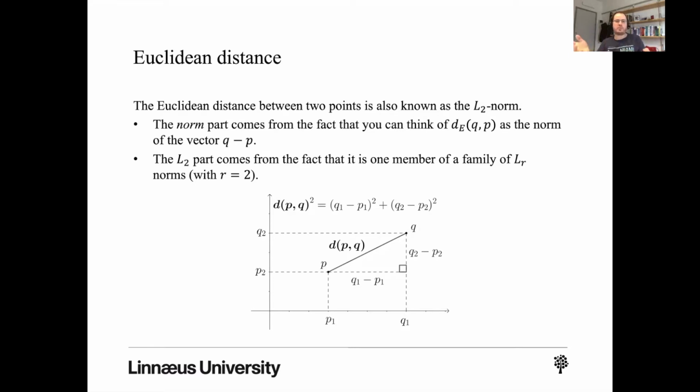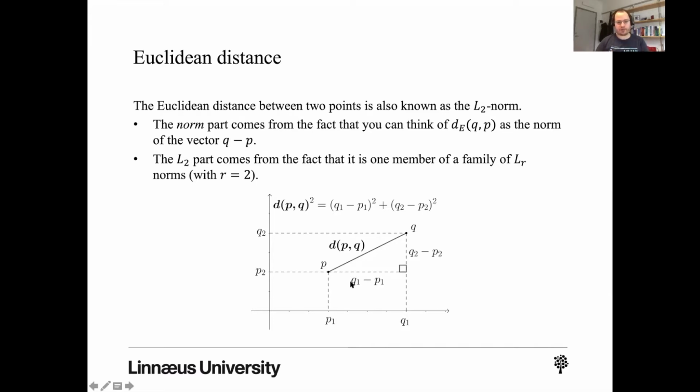So when you take the norm of that, you have the Euclidean distance between two points. That's basically it, and that's why it's called a norm. I guess you're familiar with the concept of norms of vectors, so that's why I'm talking about it this way. And the L2 part comes from the fact that it's a member of a family Lr, with r equals 2.